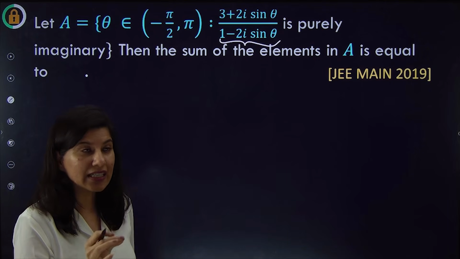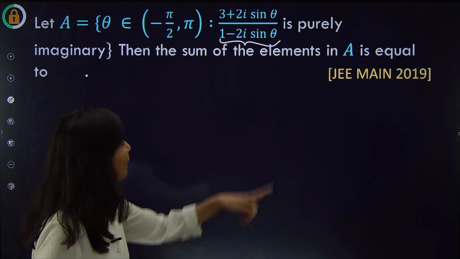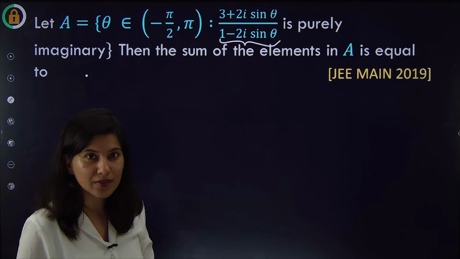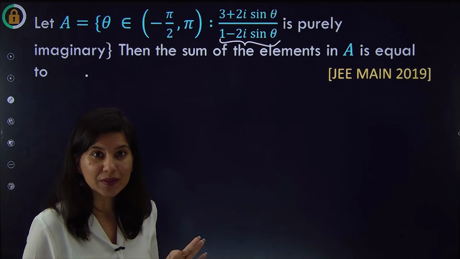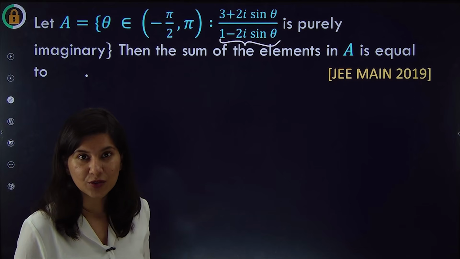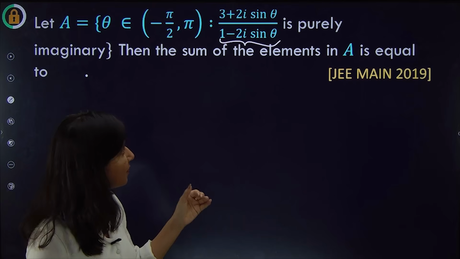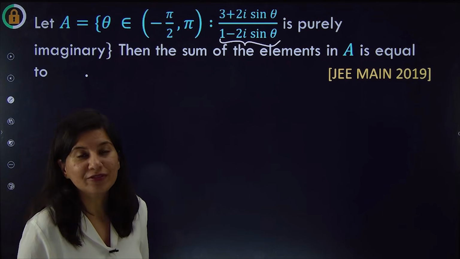Once we get this complex number in the format of a plus iota b, then for a purely imaginary number, as we have just learned, your real part should be 0, right? So a should be 0. Before writing what a is, we should get this in the form of a plus iota b.